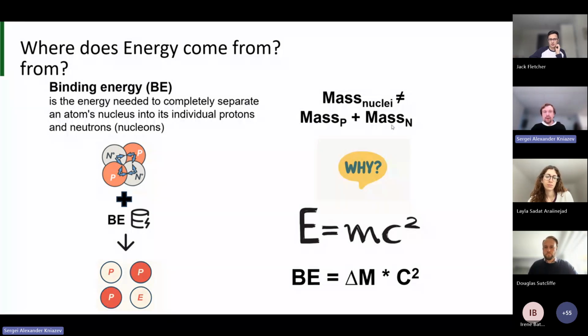It's converted into the binding energy. So binding energy is equal to the mass defect multiplied by c squared. That's why the binding energy is enormous and nuclear energy is so power dense, because the speed of light is very high. And that's why nuclear processes release so much more energy than chemical ones.